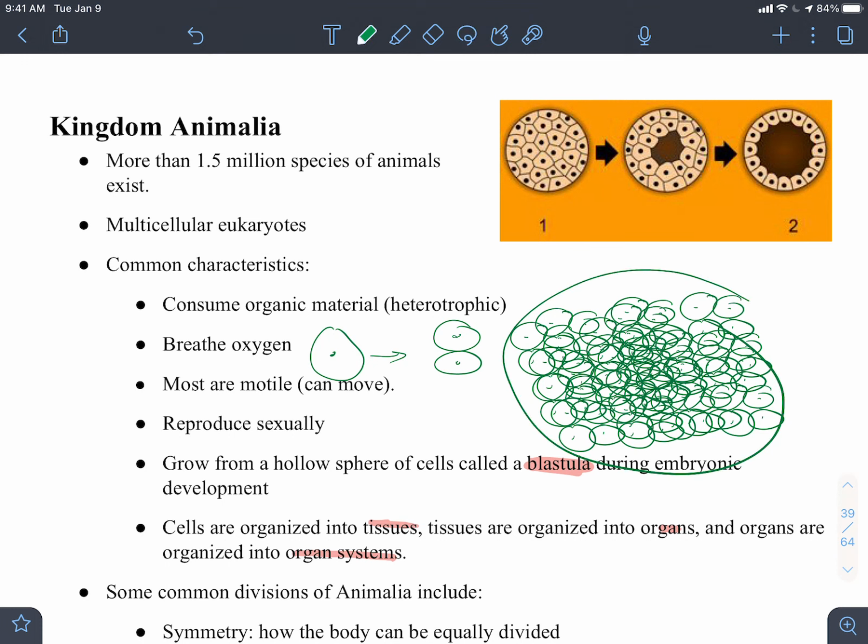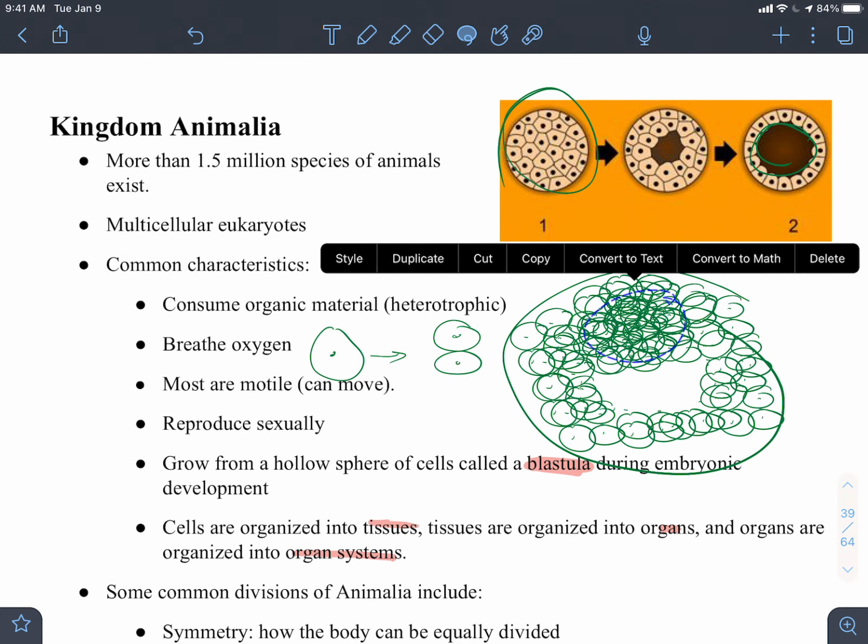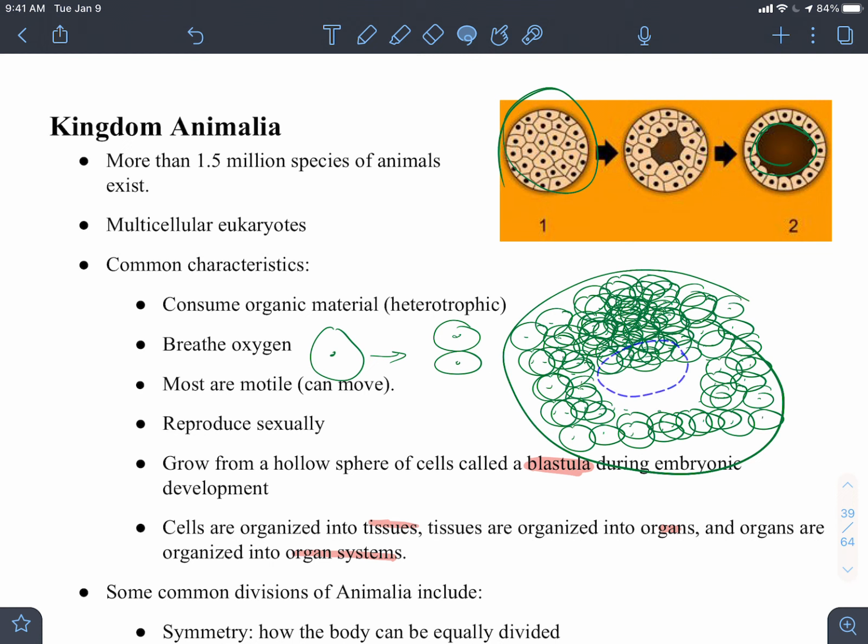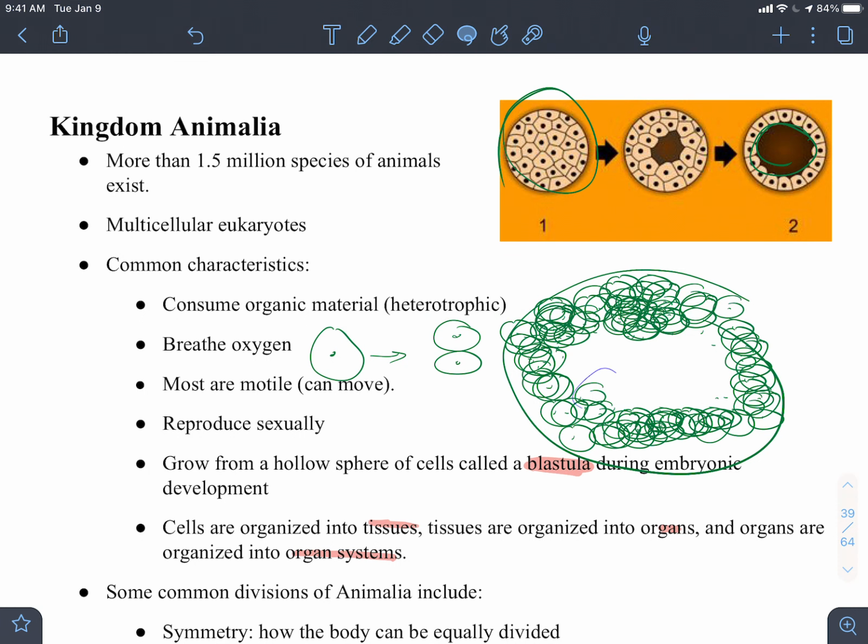At some point, this ball of cells has to start becoming an animal. So the next step that happens is once you have the big ball of cells, then that cell becomes hollow on the inside. So see this space on the inside? Essentially, all the cells that are on the inside slowly drift away, they sort of compact themselves on the walls like this. And so then the inside becomes hollow.